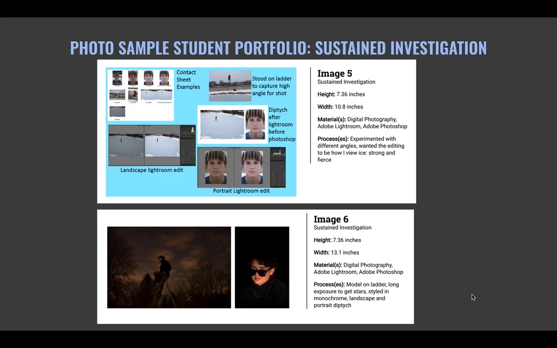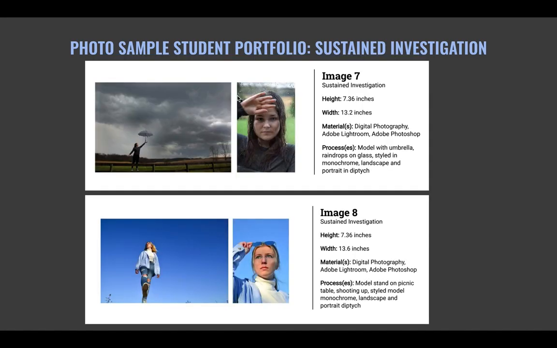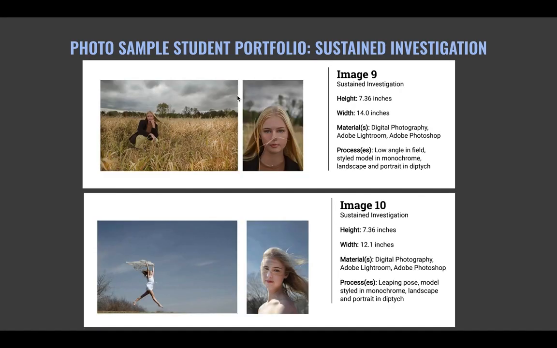Some documentation of her process as a photographer. It looks a little bit different than a digital painter, but we see some contact proof sheets, some editing, some revisions, and even a photograph of her up on her ladder above the pond to show her in action as the photographer. A few more images here from her portfolio.